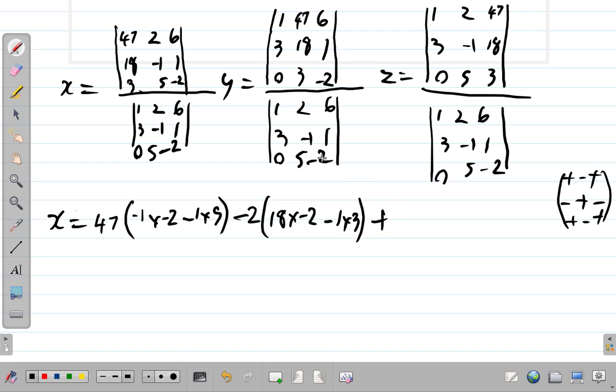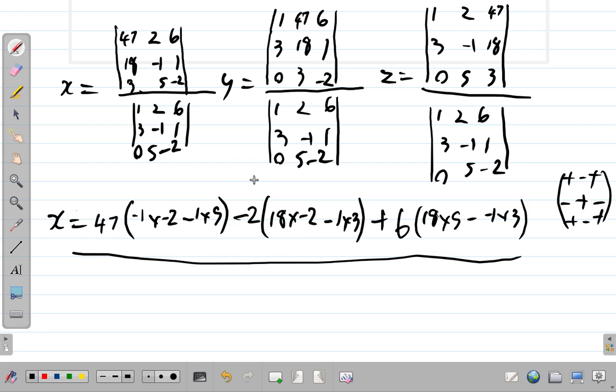Then plus, now we go across and we cover the row and column that contains 6. See that? So we have plus 6 times the uncovered elements, 18 times 5 minus -1 times 3. All over what now? We can go across row 1.